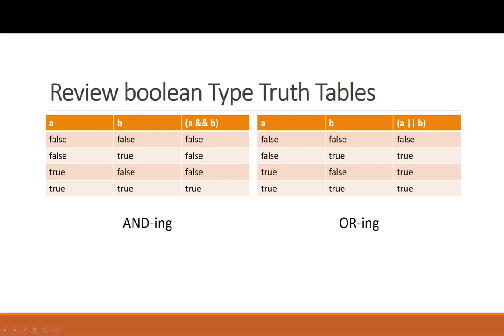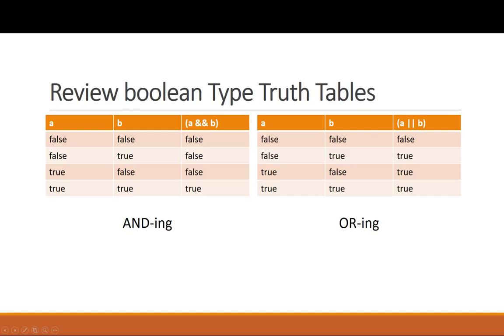So for ANDing, if you need A and B to be true, you're using the double ampersand. If A is false and B is false, the response is also going to be false.